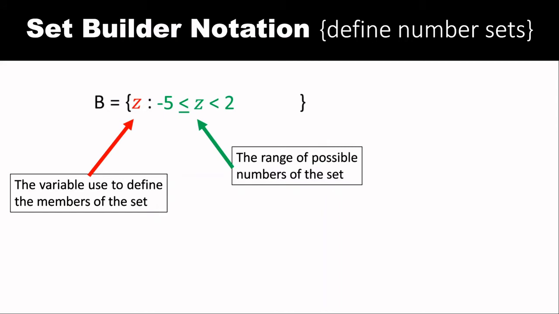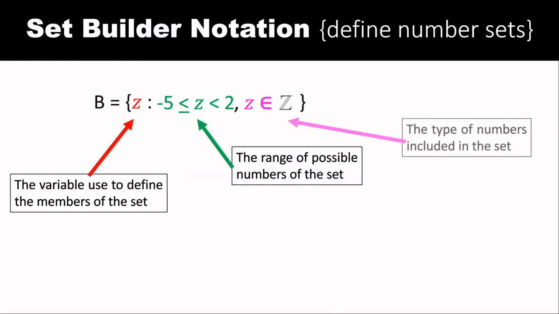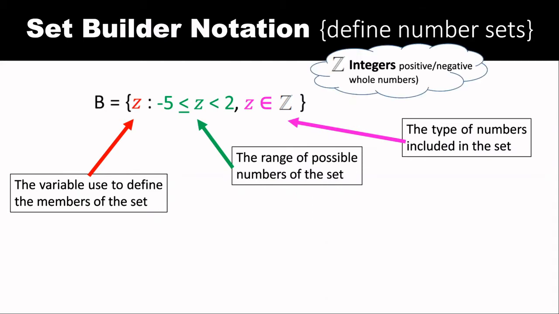Now I could go one step further to define the set even more. I'm going to say that z must be a member of these types of numbers. Now, I hope you know the different symbols for different types of numbers, but if you don't worry, we're about to go over that. This symbol here is the integer symbol. So this means that z must be an integer. Integers are positive or negative whole numbers.